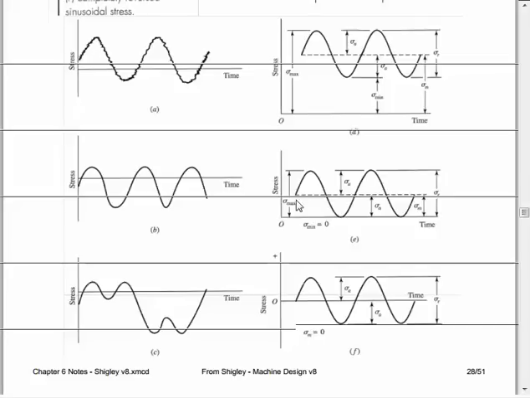And we'll see how this appears on a new diagram, the Gerber or Goodman diagrams, in just a minute. And then when we have an amplitude that is in no way really related to the mean, then we have our general type of fluctuating loading.